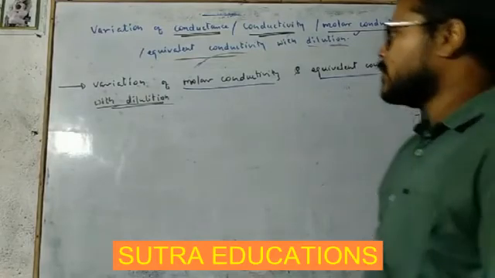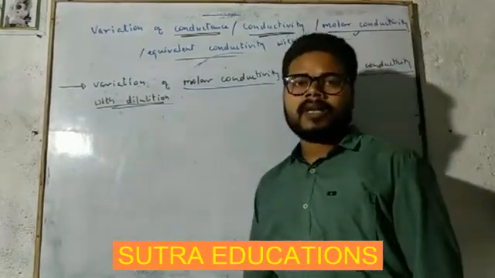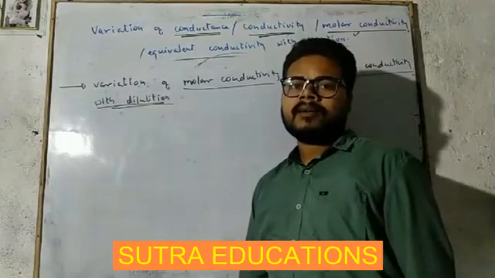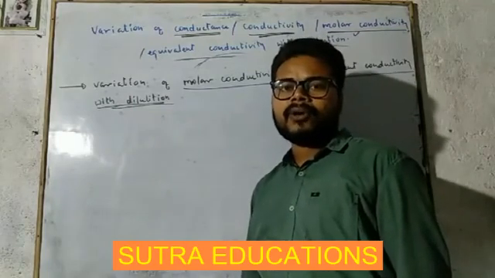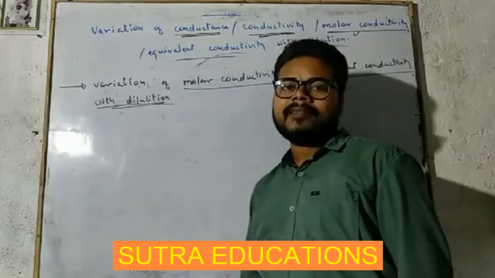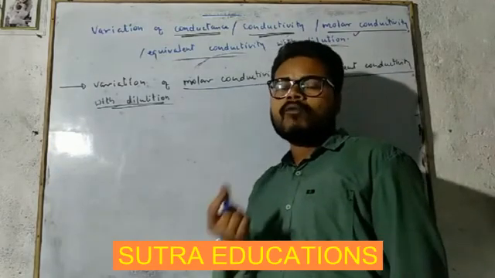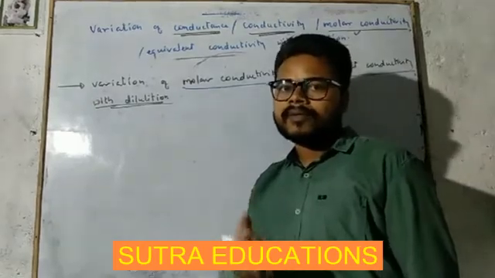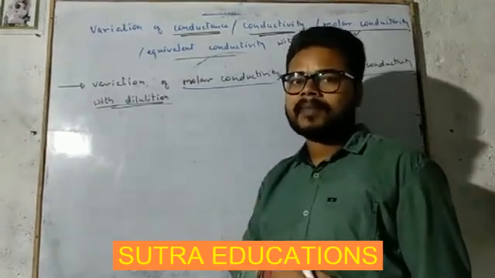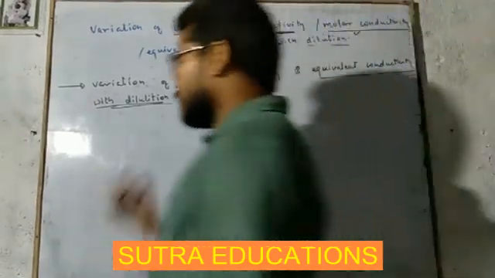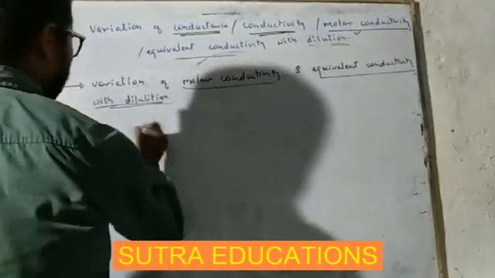So what is molar conductivity? Molar conductivity is the conductance due to all the ions present in that volume of electrolytic solution which contains 1 mole of the ions. Getting the definition? Okay. Formula of molar conductivity.